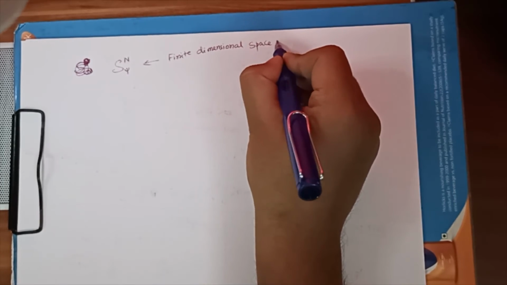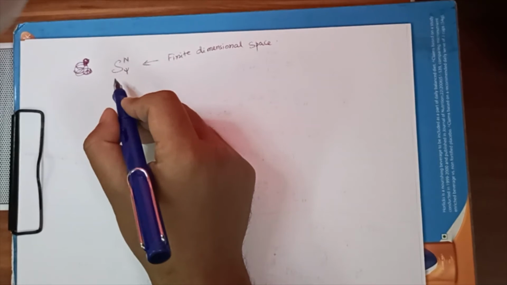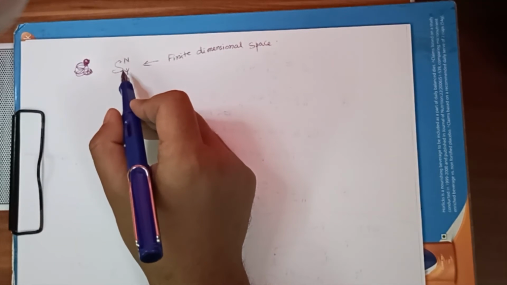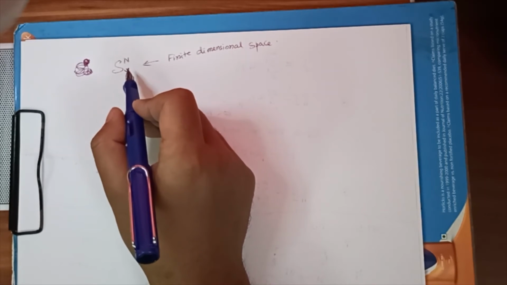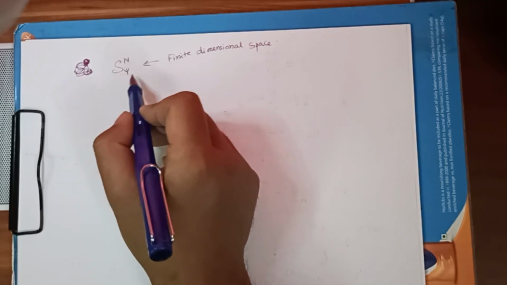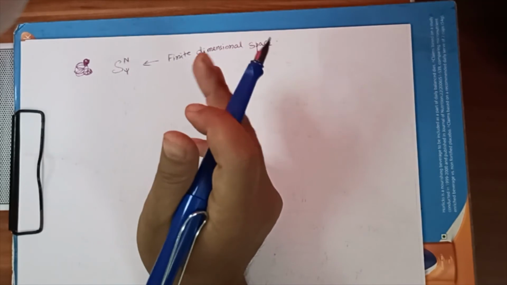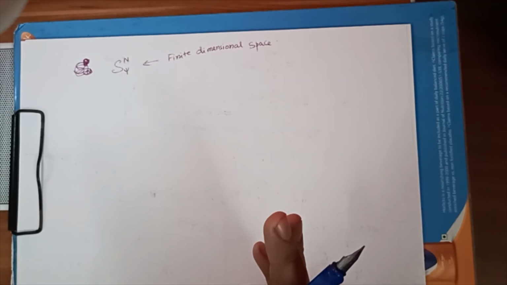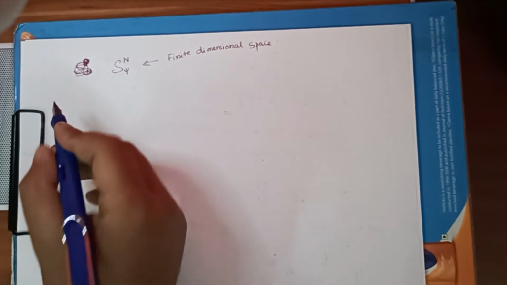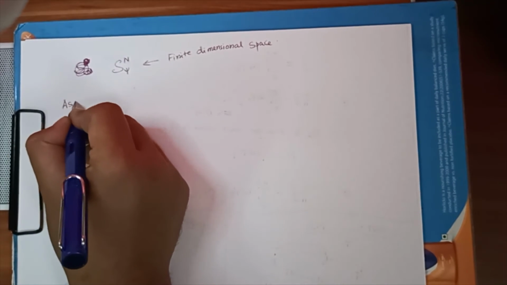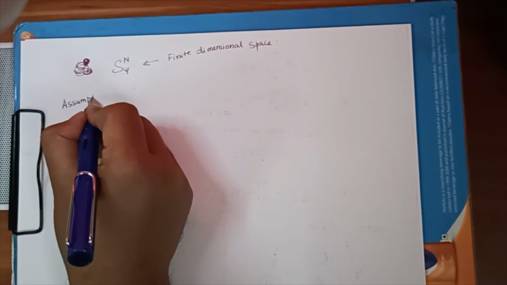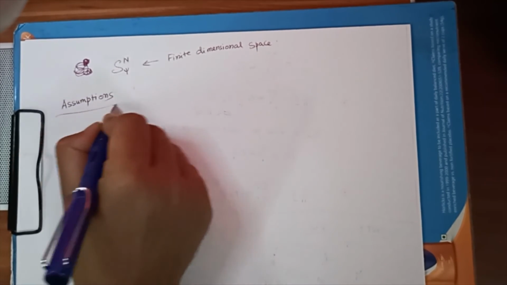In the next step, we want to show that not only is this a finite dimensional space, rather this is a finite set. So there are only finitely many vectors possible in this space under certain realistic assumptions. Realistic assumptions means the assumptions which will make this happen, only two.